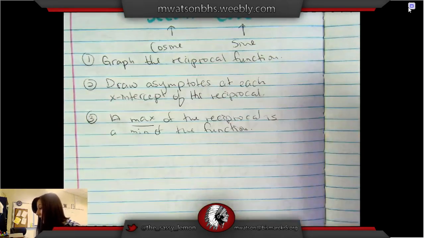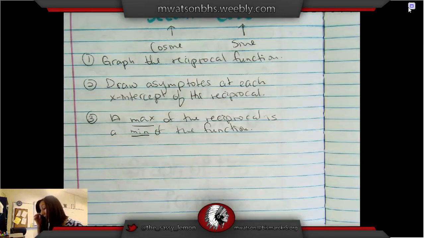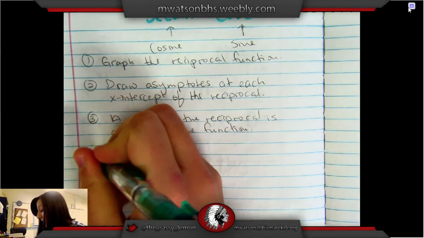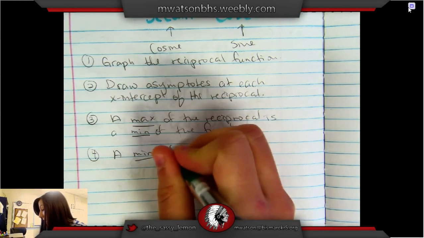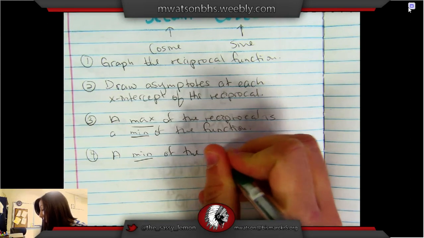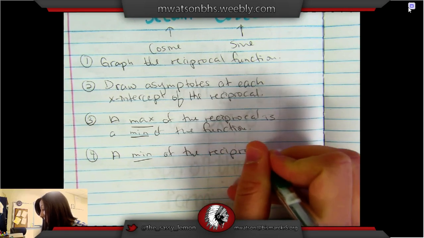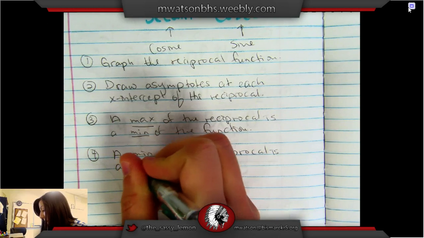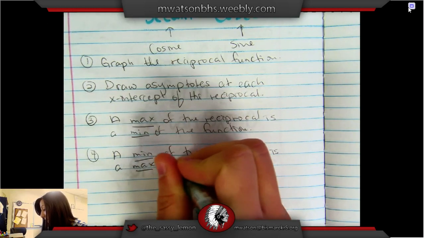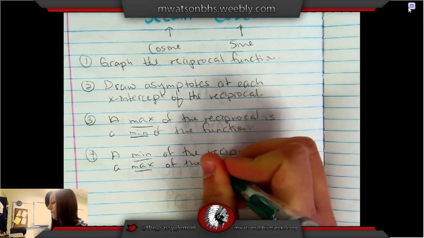So a max of the reciprocal is a min of the function. And then the reverse is also true. A min of the reciprocal is a max of the function.